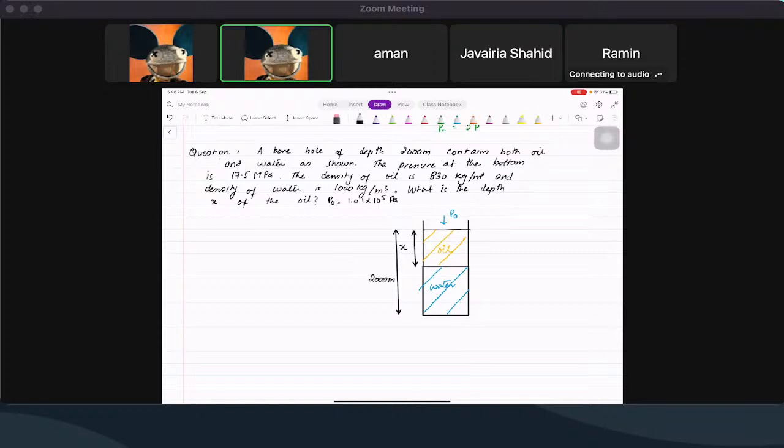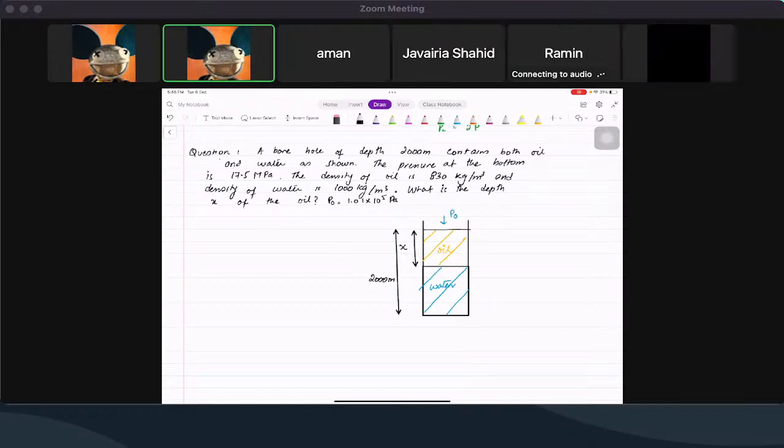So, basically, what you guys need to do is you need to add all the layers till the bottom, which is basically atmosphere first, then oil, then water. Because we don't have this depth of water, we got to find this depth is going to be 2000 minus x, and then you're going to put it down. 17.5 times 10 raised to power 6 is the megapascal. 1.01 times 10 raised to 5.